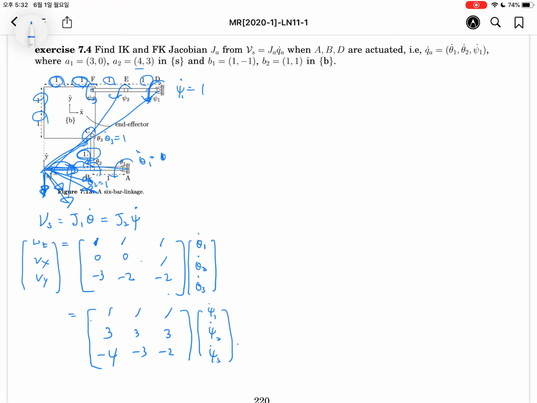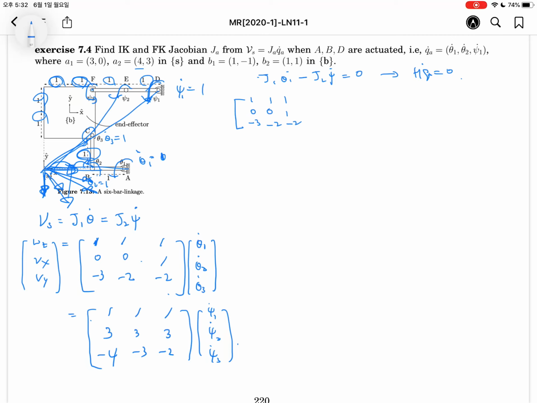Okay, then let's make the big matrix using the two Jacobians, such as J1 theta 1 dot minus J2 psi dot will be 0. It can be denoted by the H matrix, and then the Q vector will be 0. Let's make the H matrix. The H matrix will have the J1 elements first here, 1, 0, minus 3, 1, 0, minus 2, 1, 1, minus 2.